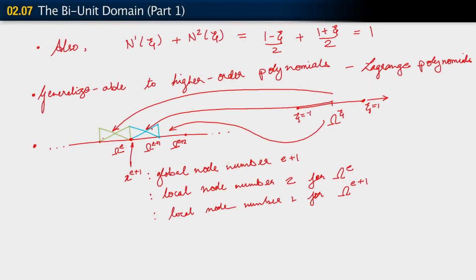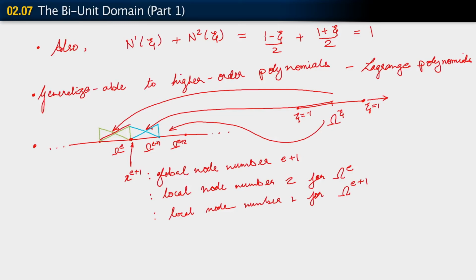Nevertheless, the point I wanted to make here is that now when we look at this collection of basis functions and we focus upon the individual nodes and view them as global nodes on a sort of global scale, right, with global node numbers, what you observe is that for node xe plus 1, we have a basis function which I'm going to draw slightly off.